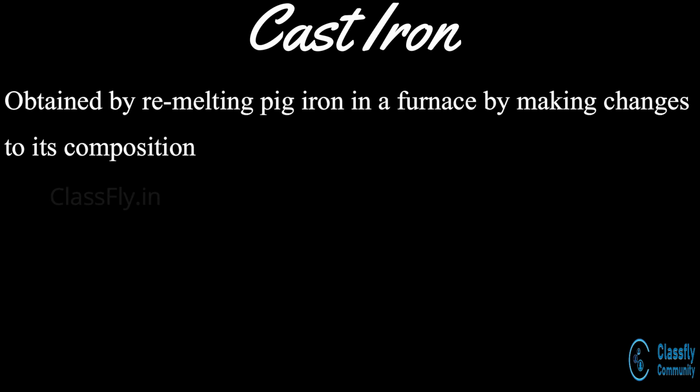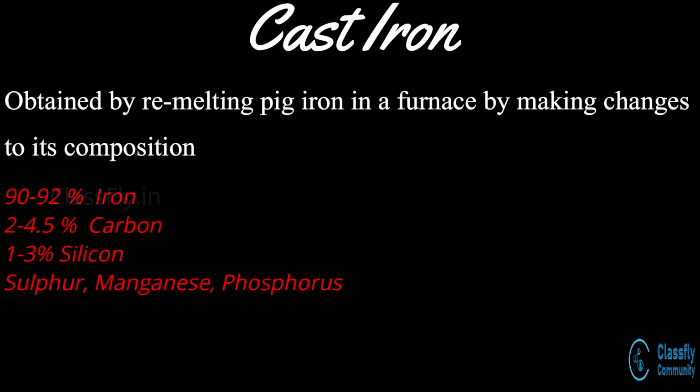Well, cast iron contains up to 90 to 92% of iron, 2 to 4.5% of carbon and 1 to 3% of silicon. It also contains small amounts of sulfur, manganese and phosphorus. There are different types of cast irons based on composition and properties. Let us study a few of them.